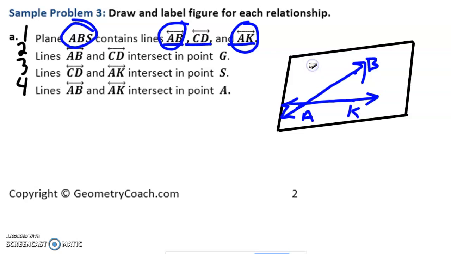I mean, technically, and there's C and D. Technically, lines extend forever, so they would intersect at some point, but we don't know right now what's happening. Okay, there's number 1. Now try number 2 on your own.